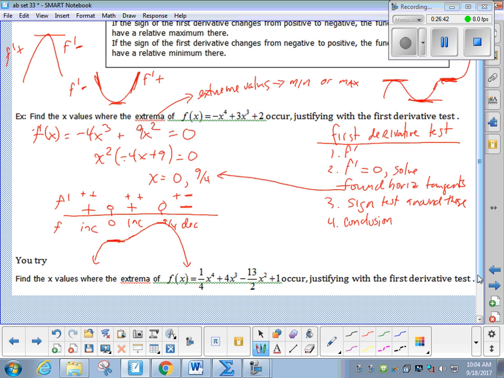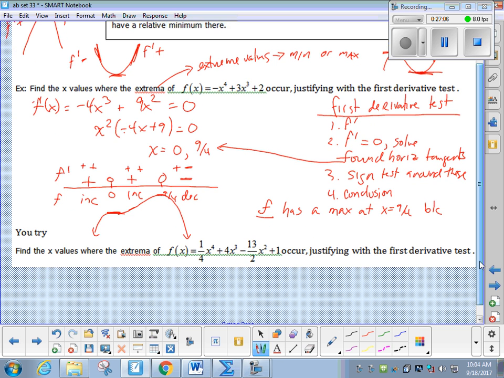It goes like this. First of all, be careful with subjects. F has a max at, where does it have a max? X equals 9/4. Because, how do I know it has a max?